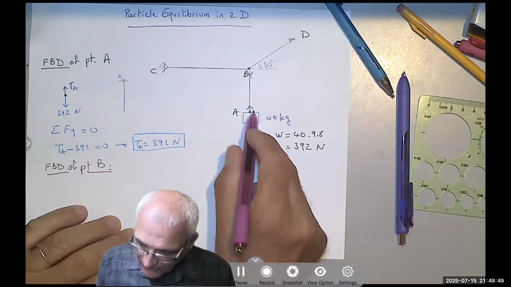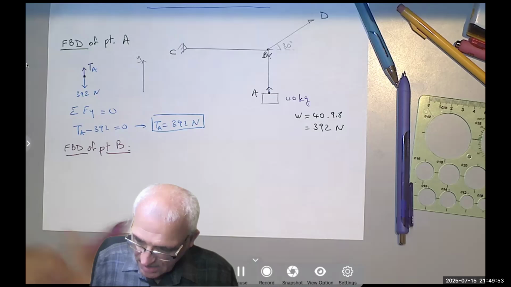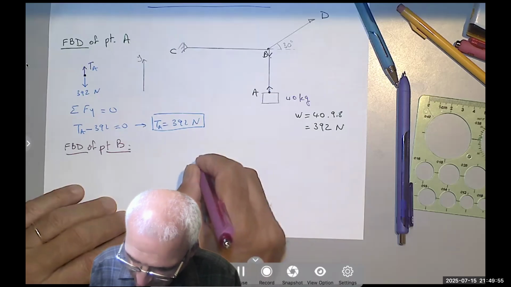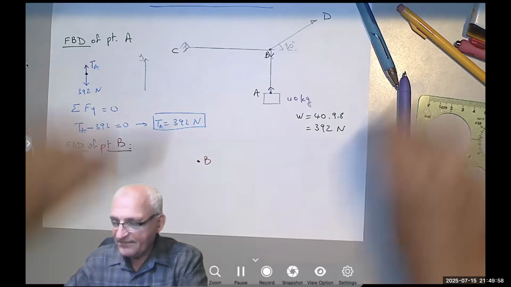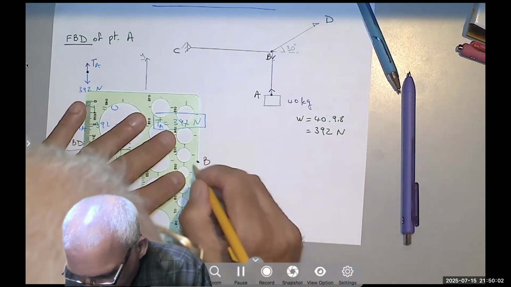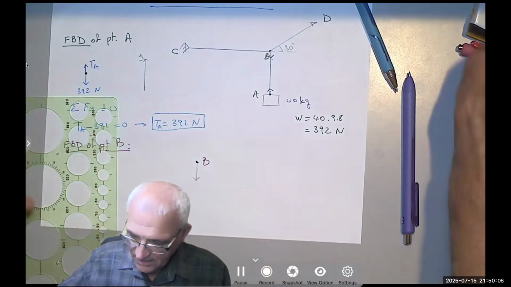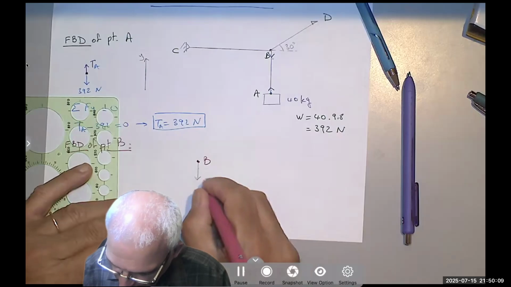That's why we solve for this tension to find out the tension at B. So this is particle B, I have three forces. Tension B, which is already known now, and it's 392 Newton.